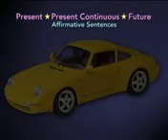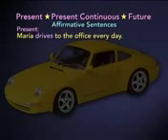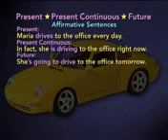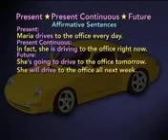Affirmative sentences. Maria drives to the office every day, present tense. In fact, she is driving to the office right now, present continuous. She's going to drive to the office tomorrow, future. She will drive to the office all next week, also future.